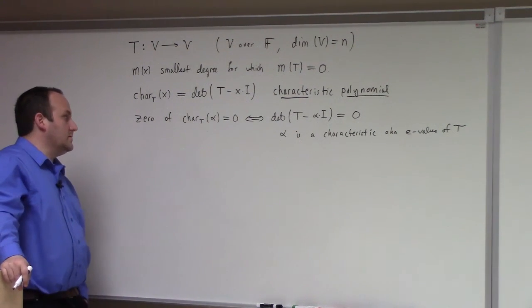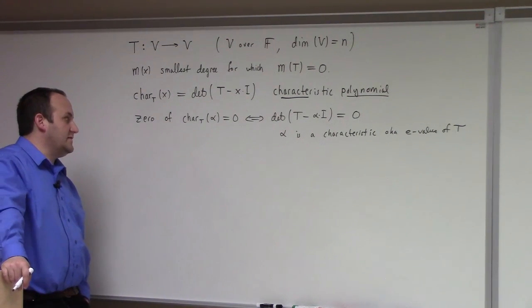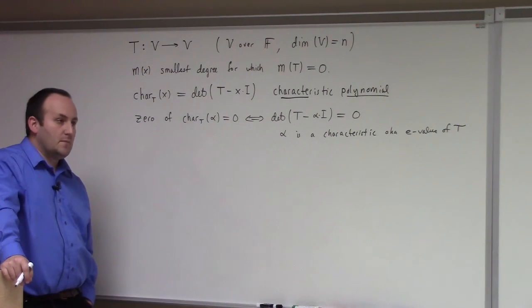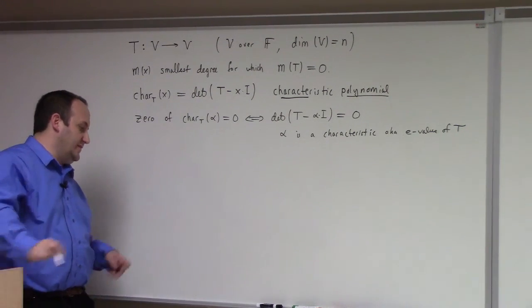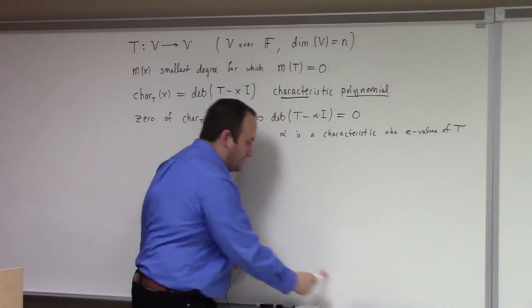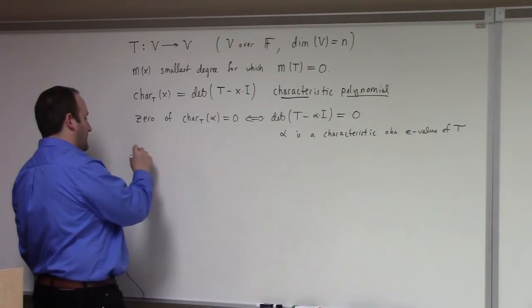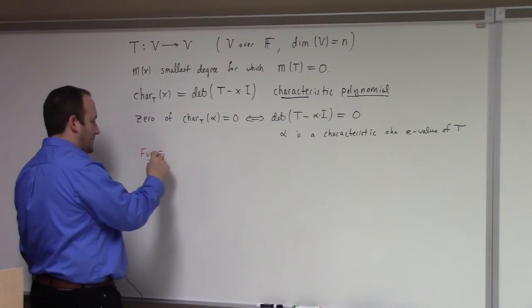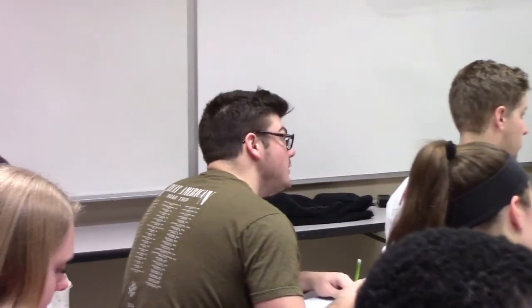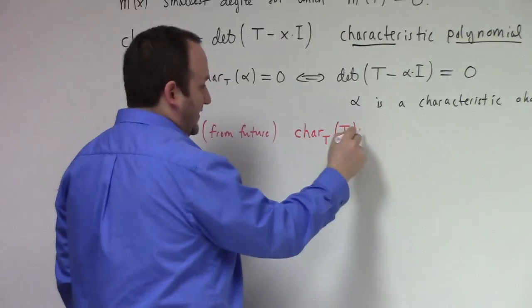It's going to turn out that if you take this characteristic polynomial, right, and so let me just, fun fact from the future. Not too far future, though. If you calculate the characteristic polynomial of T, and then you plug T into it, well, guess what?